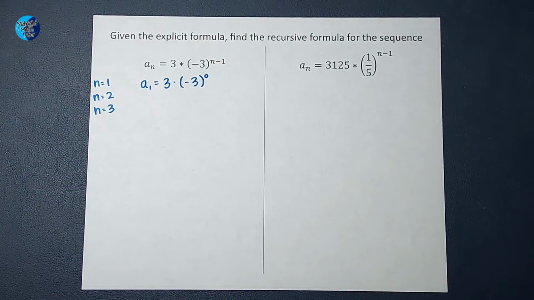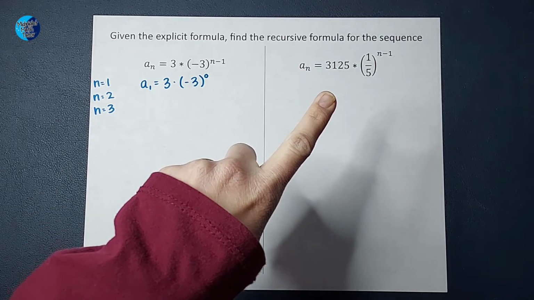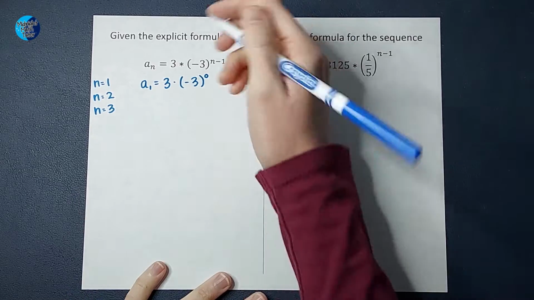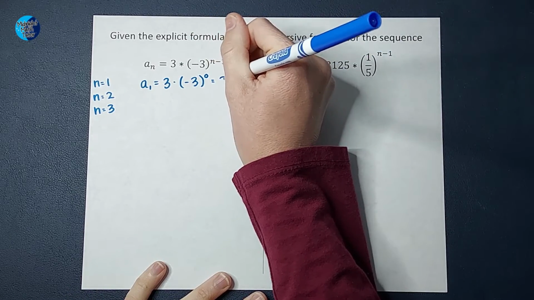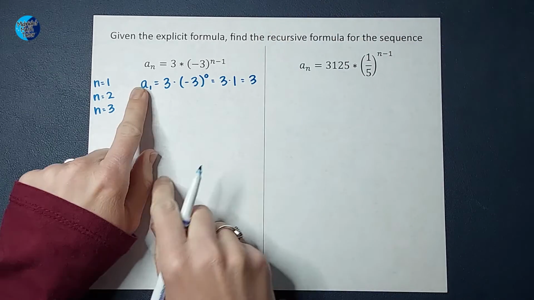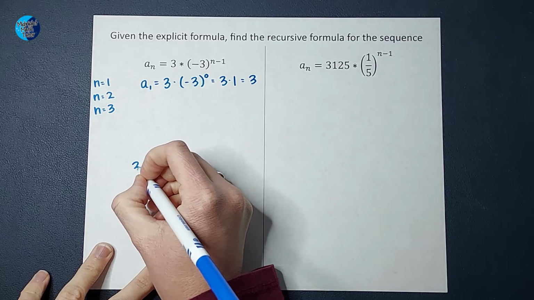Anything to the power of 0 is 1, and if you're like, what the heck, why? I'll link a video for you in the corner that explains why. So this just ends up being 3 times 1, or 3, right? So a sub 1, or the first number in my sequence, is 3.